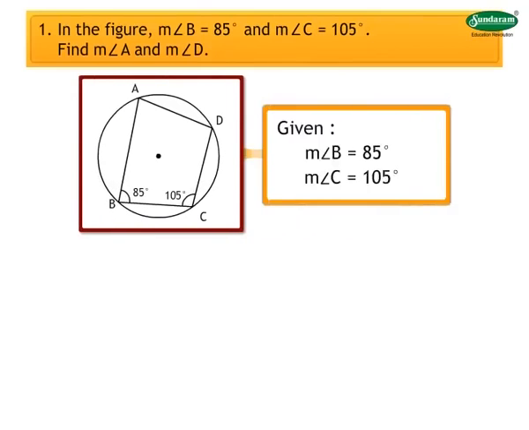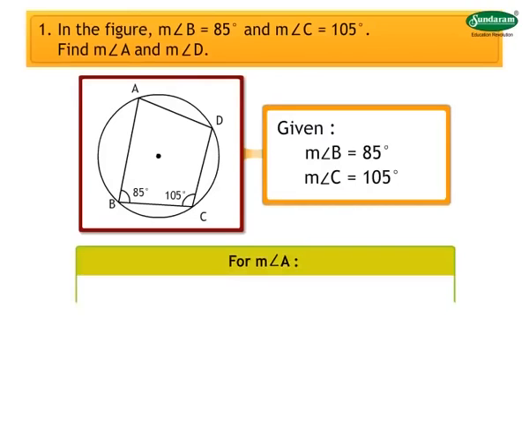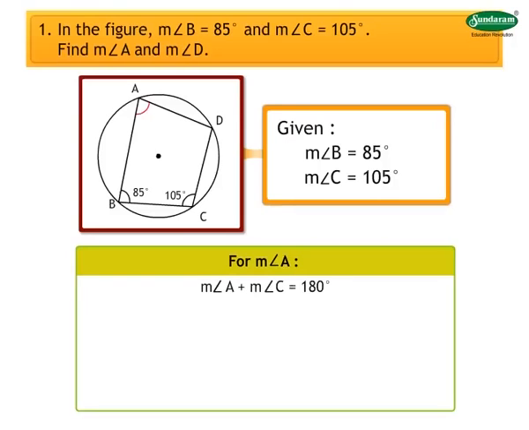Given. Measure of angle B is equal to 85 degrees, measure of angle C is equal to 105 degrees. For measure of angle A, as said earlier, the opposite angles of a cyclic quadrilateral are supplementary. Hence, measure of angle A plus measure of angle C is equal to 180 degrees.